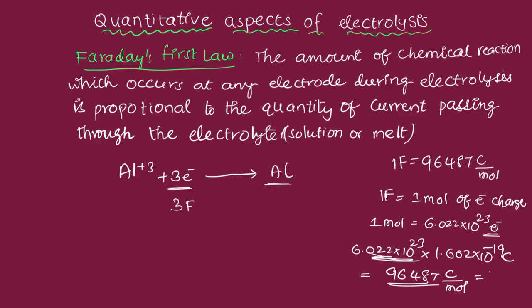This is called 1 Faraday, and its rounded value is 96,500 coulomb per mole. Now we have 3 into Faraday, which is 96,487 according to the textbook, coulombs per mole, and this will deposit 27 gram per mole of aluminium.